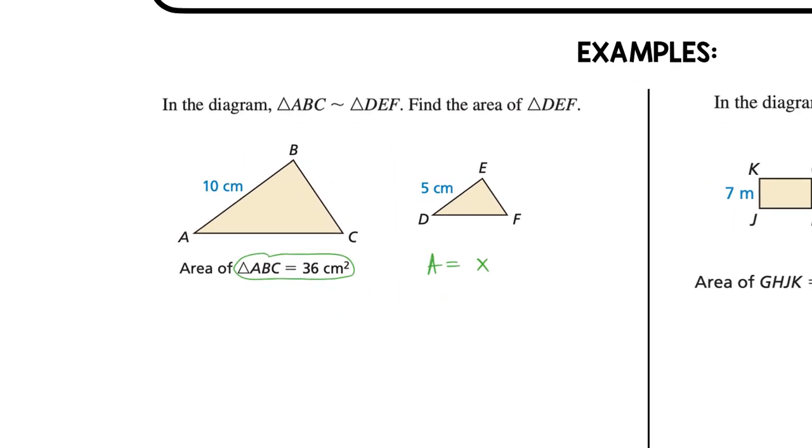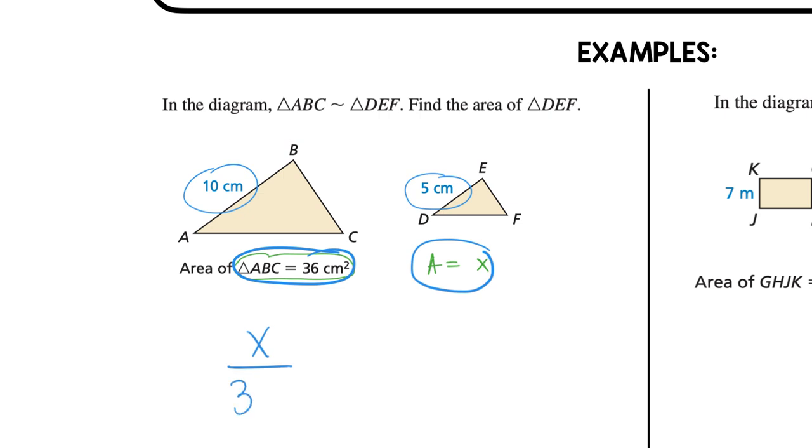So instead, you take the side lengths that go together, so these two correspond with each other, and we're going to square those. So we'll say that the ratio of this area to this area, so x over 36, it's going to equal the ratio of the sides squared, because it's area. So you just take the ratio of the sides and you square those.